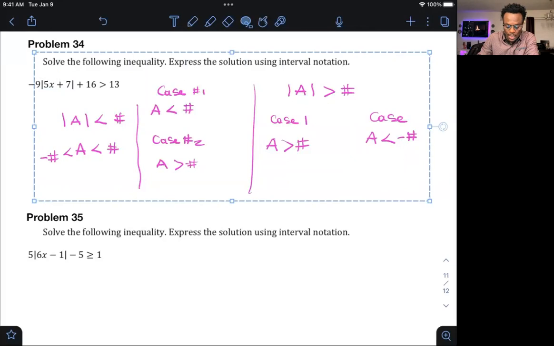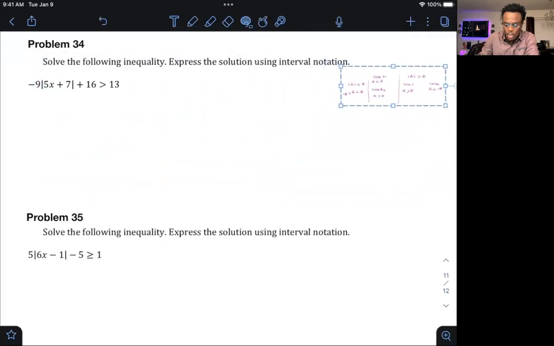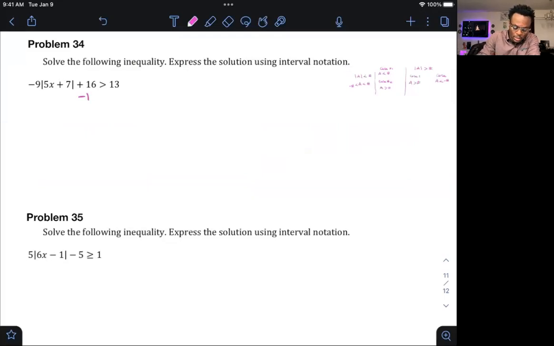Okay, so that said, we will perform what we just said. So first, we must isolate the absolute value. Let's subtract 16 on both sides.